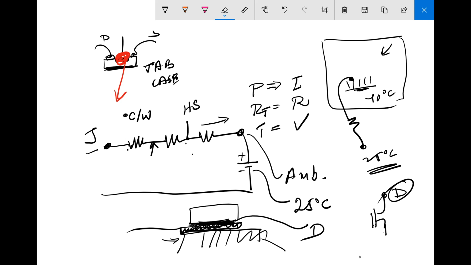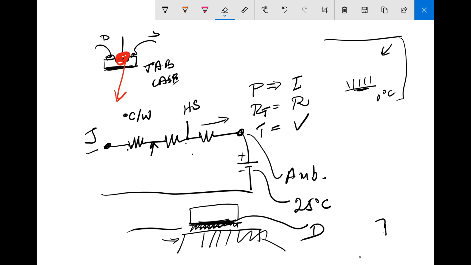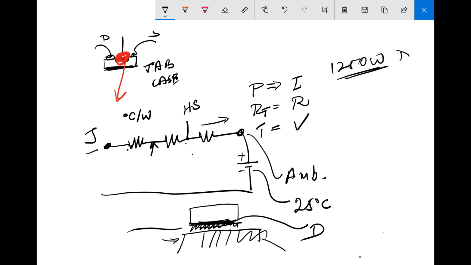Okay, so we got all this to get rid of, so it'll be less clogged here. So now let's go back to this parameter of 1250 watts dissipation.